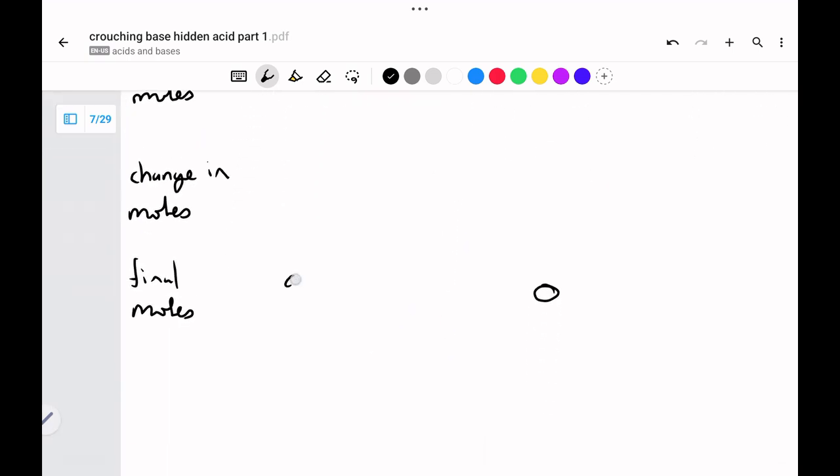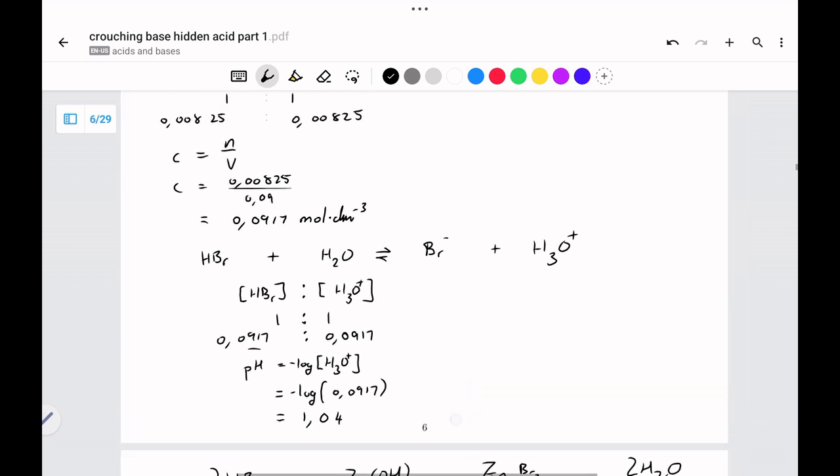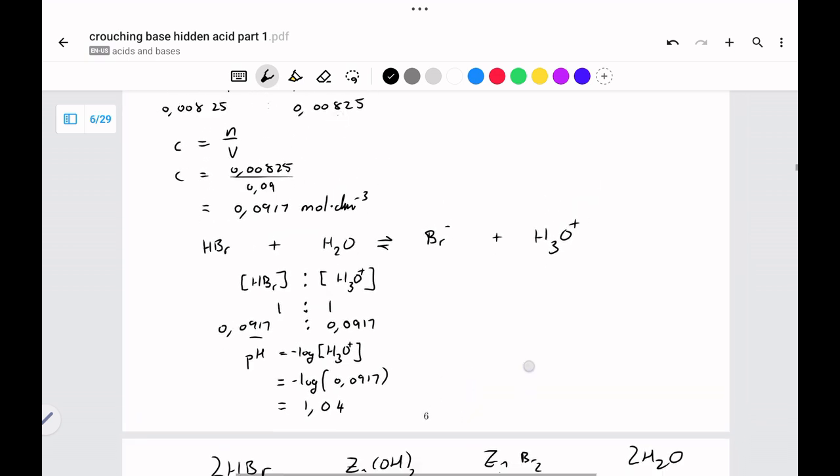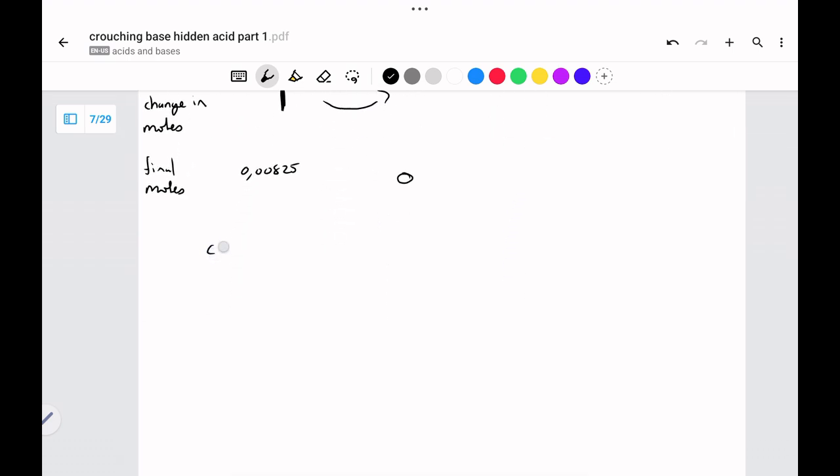And the final moles, we've already calculated that, which we found there. Okay, so clearly I just need to go and calculate the moles here from the figures that they gave us. And then we can calculate the difference, and then we mole ratio that to here. Okay, so we just need to use this formula now. C equals N over V.